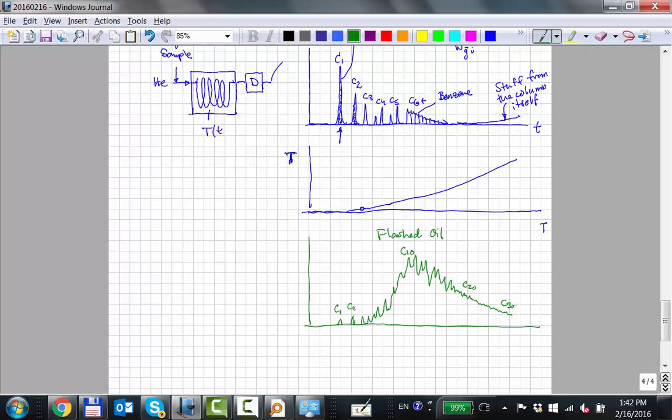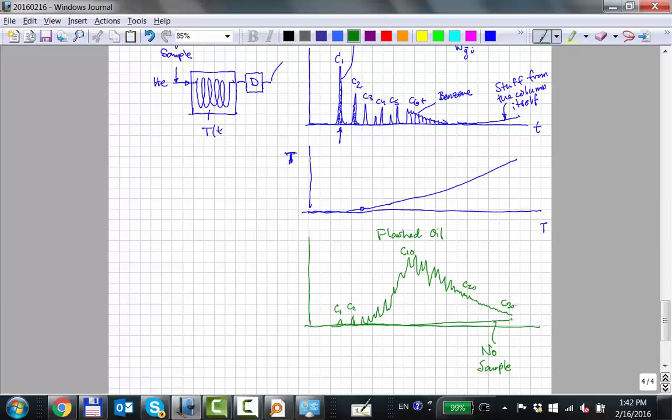Now, if you had run at the same temperature ramping with no sample, just helium, what you would get is this same line under here. You'd get a line that went like this. So this is basically no sample.